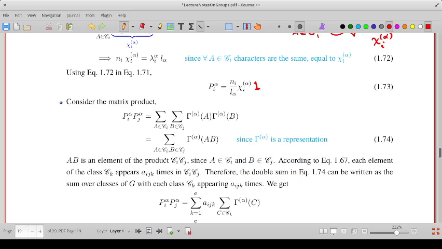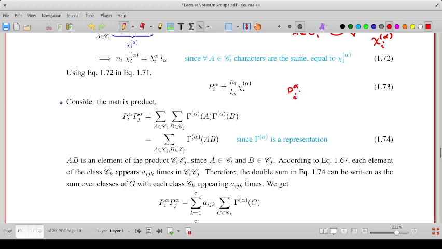We now consider the product of these matrices P alpha I and P alpha J. This is the P matrix corresponding to class Ci and this one corresponding to class Cj.